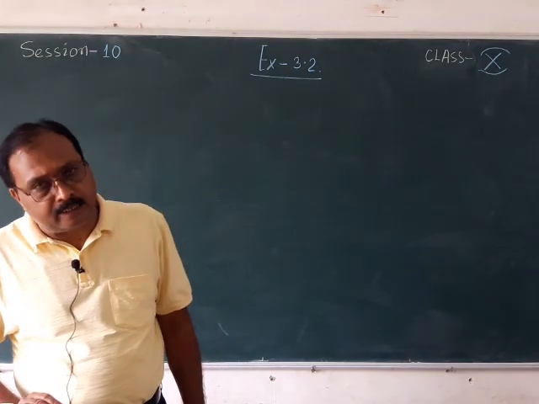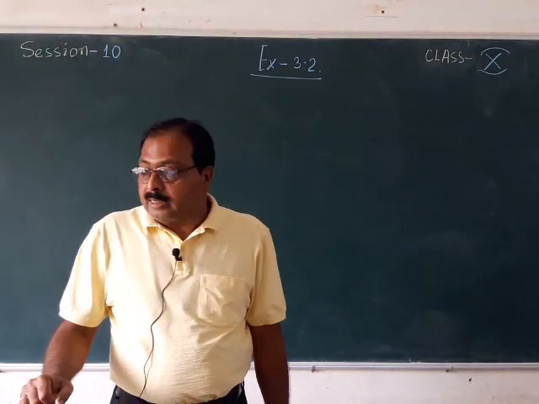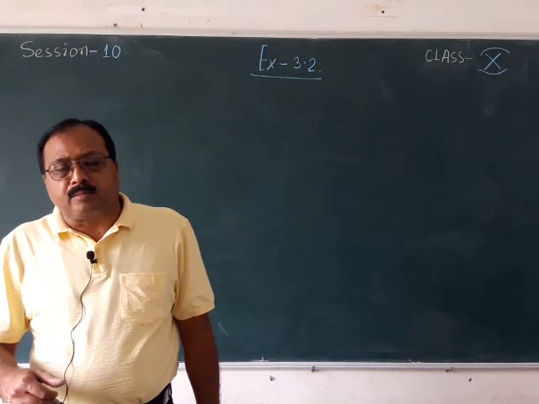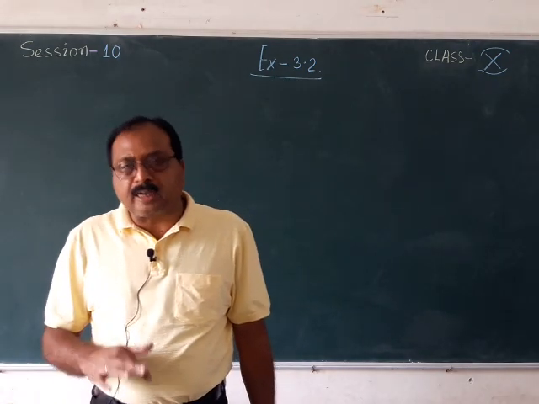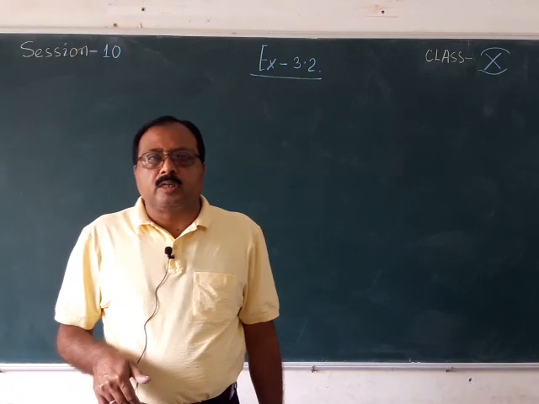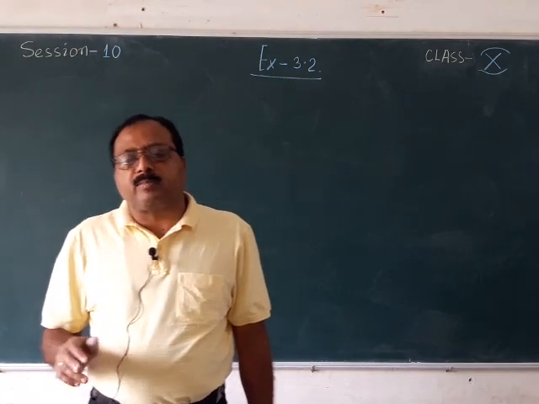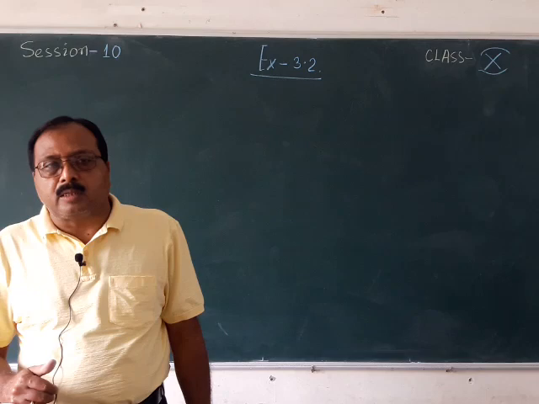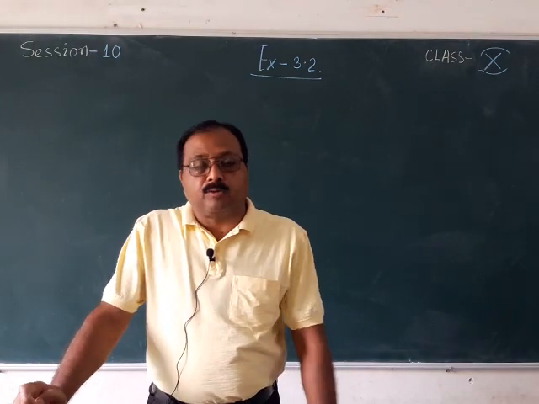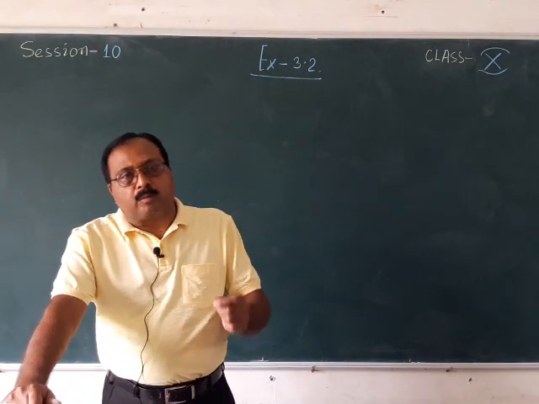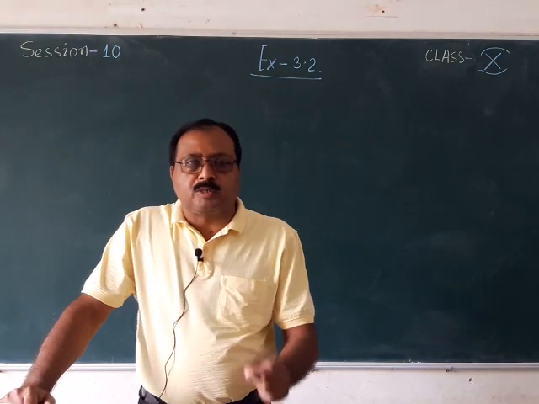According to the given condition, you are all aware that consistent means you are getting one solution or many solutions. The condition A1 by A2 does not equal B1 by B2 means the pair of linear equations is consistent, and one more case is A1 by A2 is equal to B1 by B2 is equal to C1 by C2.